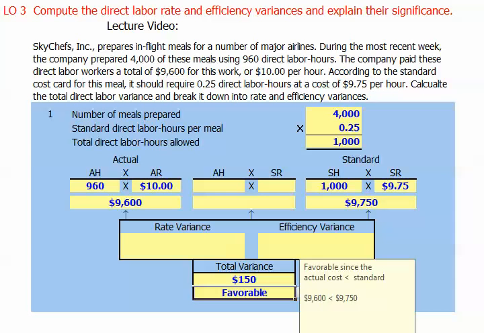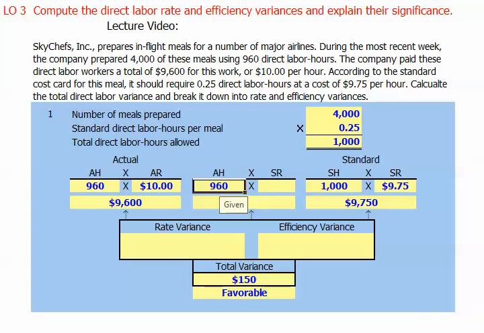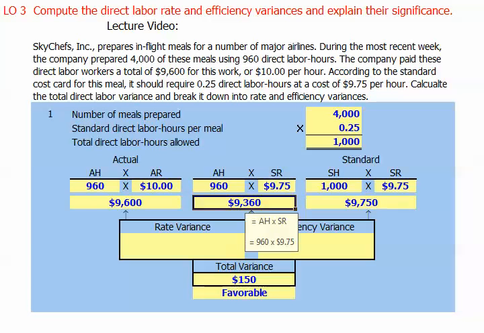Let's go ahead now and break our total variance down into two components, a rate variance and efficiency variance. Let's begin by completing our center column. Our actual hours worked was given as 960, and that's the same thing we had under our actual column. We pick up our standard rate of $9.75, and we multiply the two together to get $9,360.